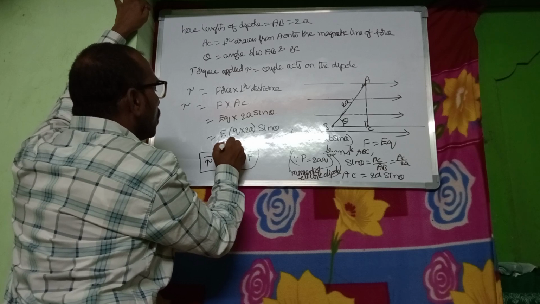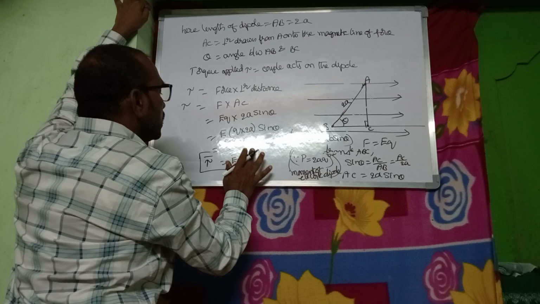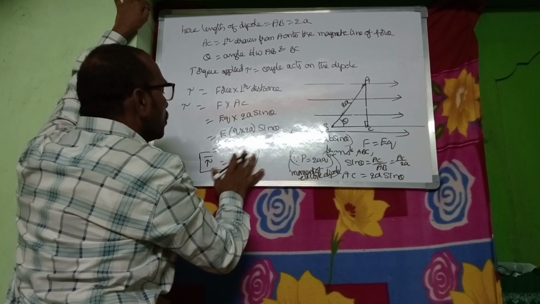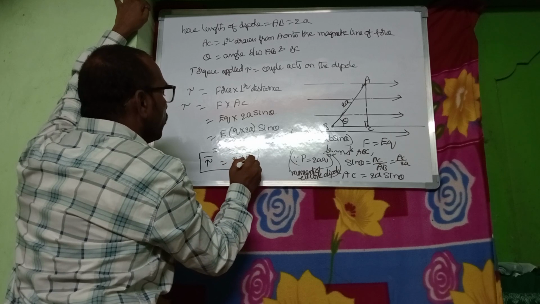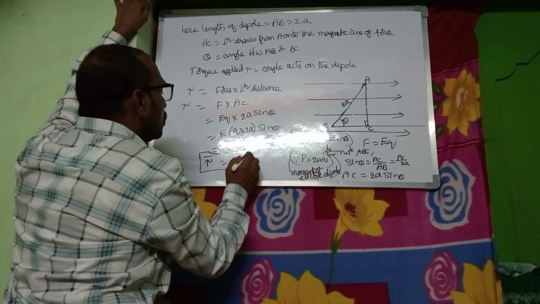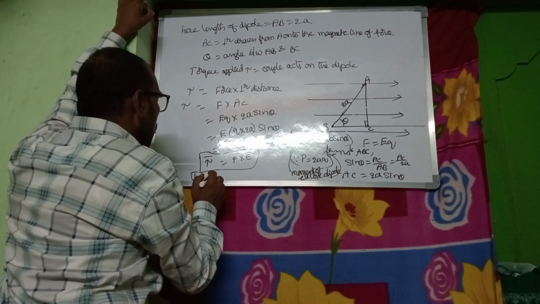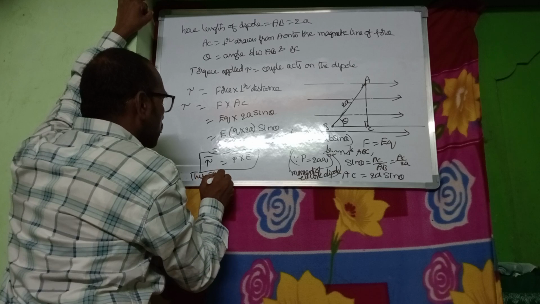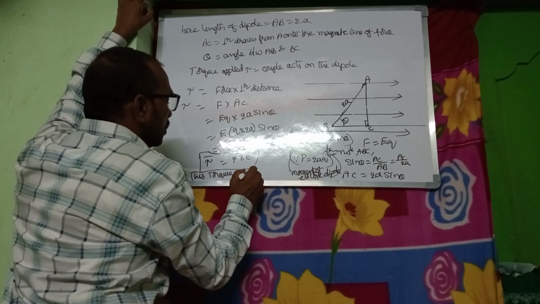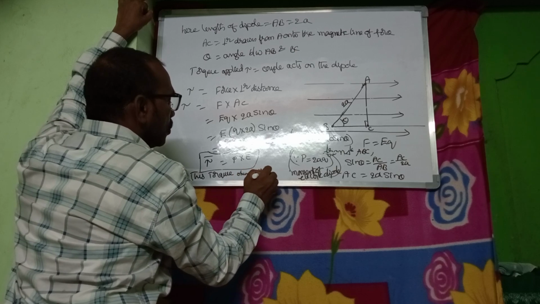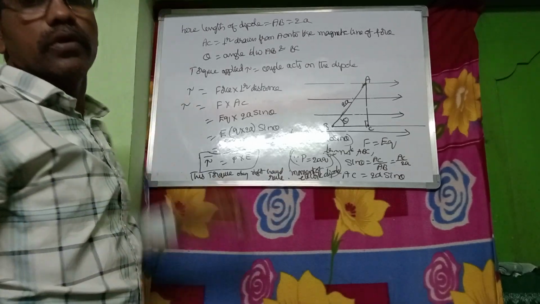So you can write 2AQ into E sin theta. So you can write tau bar equal to 2AQ, which means P bar cross E bar. So here tau bar equal to P bar cross E bar. This torque obeys the right hand rule.